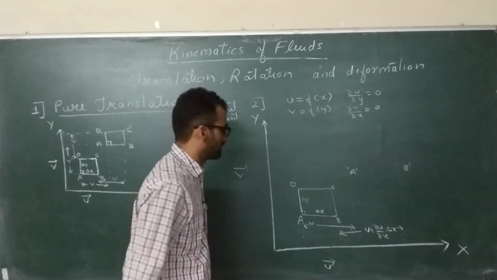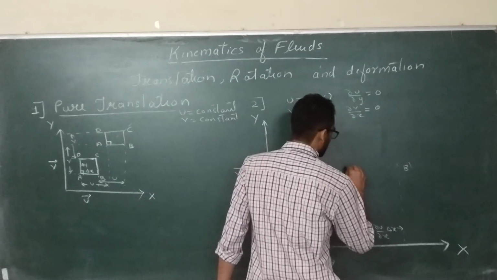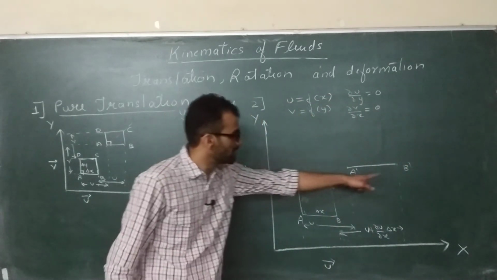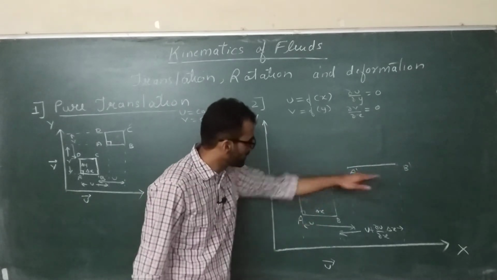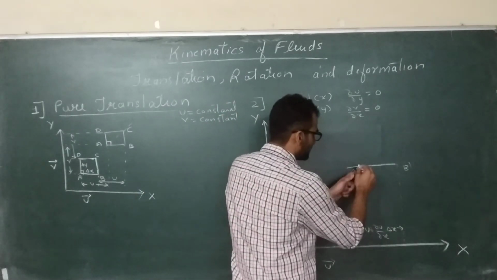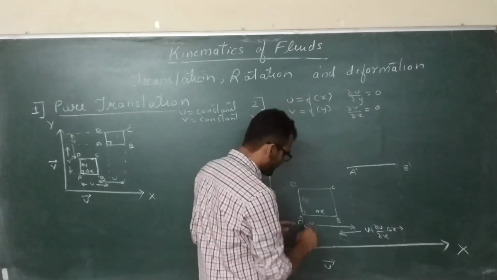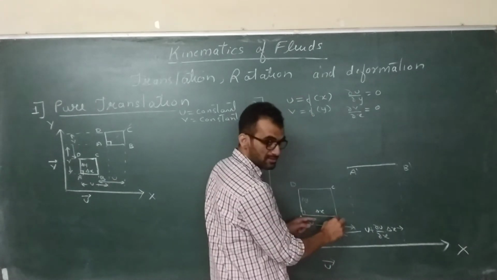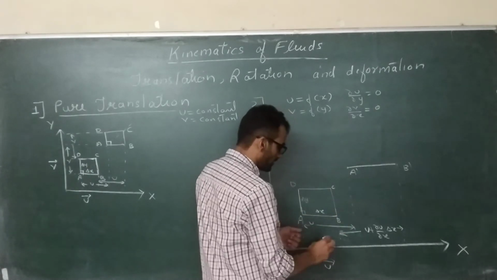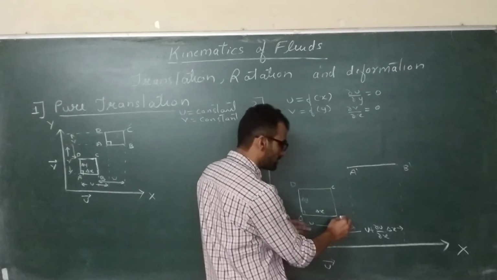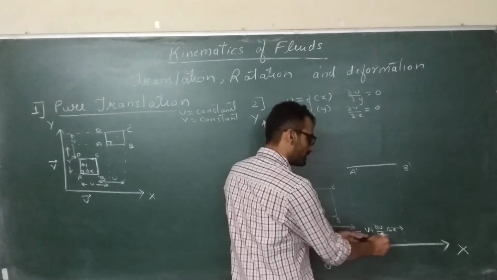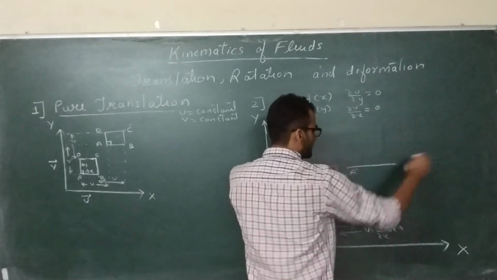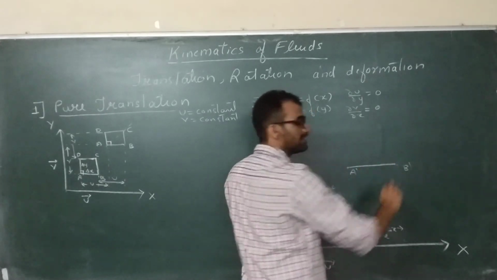This much it will travel, and again the line A dash B dash will be parallel. Its length will change, though. The length of this segment has increased. Why? Because I have considered that the u velocities are different. Velocity at A is u, velocity at B is extra, u plus del u by del x into delta x. So both A and B have traveled different distances. So there is a linear elongation.